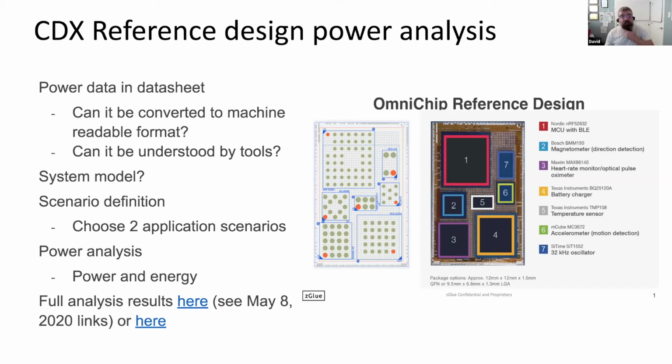We developed the system model. We chose two cases, two scenarios to model to demonstrate that we can do both differently and in parallel. We looked at both power and energy because it was a battery powered application. We wanted to see what the energy would be.